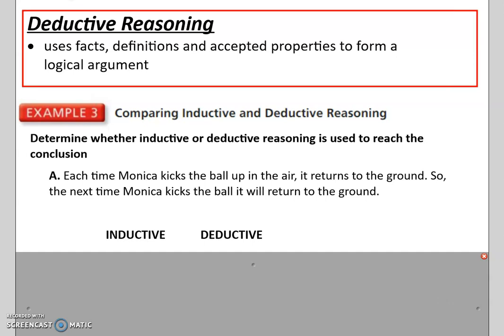This one, what do we think? This is actually inductive reasoning because it's based on observation, right? Somebody is observing each time, like, oh, hey, Monica's kicking the ball up in the air. Oh, it's coming back down to the ground. They're observing this happening, and then they're making the conjecture.